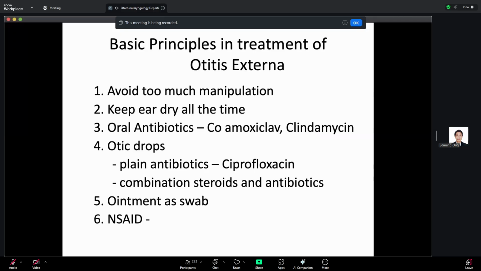So you also give NSAIDs for these patients, from celecoxib, ibuprofen, or even the higher type of NSAIDs like etoricoxib. Next slide.